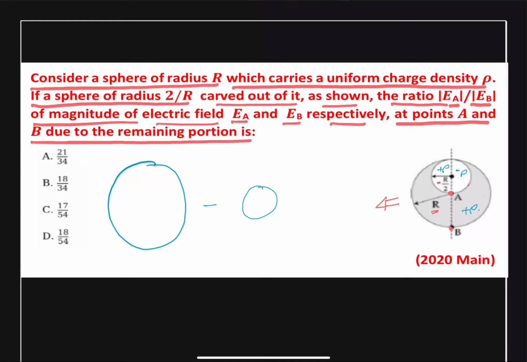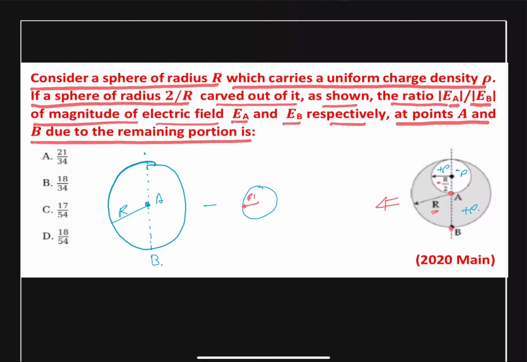A is the center of that. So this is our point A, its radius is R, and diagonally opposite we have a point B. And for this smaller sphere, its radius is R by 2. So this radius is given as R by 2.